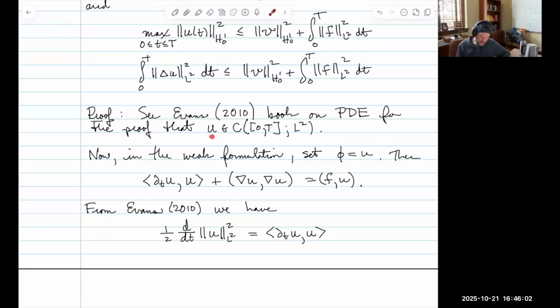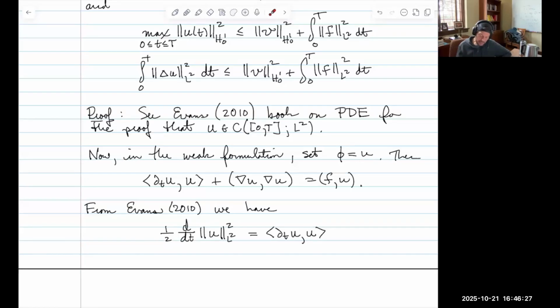Now, let's just use that and start with this, and let's see what happens. If we start with the weak formulation, and we put in as a test function phi equals u, the question is, is that allowed? Well, phi is a spatial only function. Can we put in this time-space function?